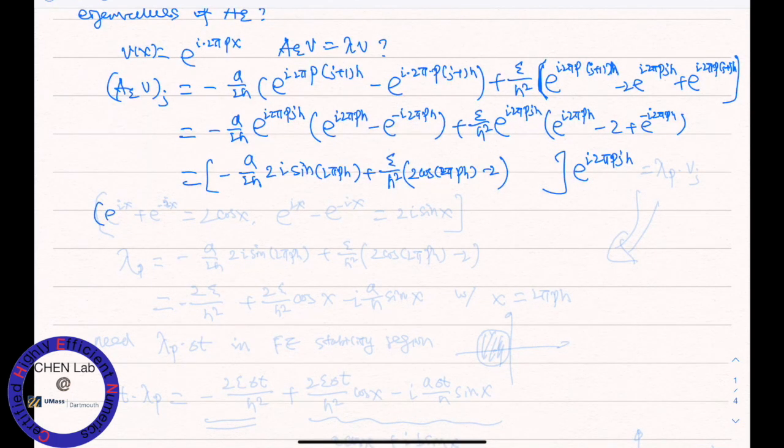Again, what we use here is e^(ix) plus e^(-ix) is 2 cosine x, and e^(ix) minus e^(-ix) is 2i sine x. Okay.